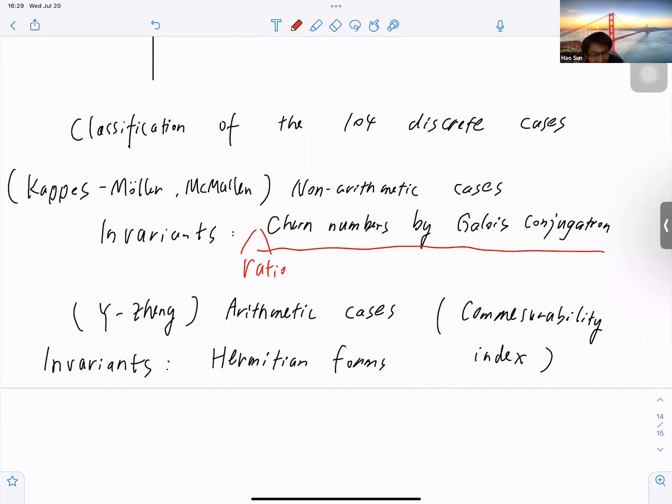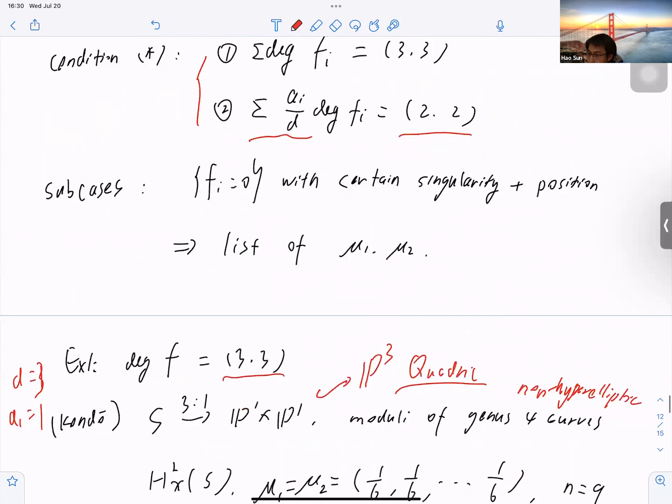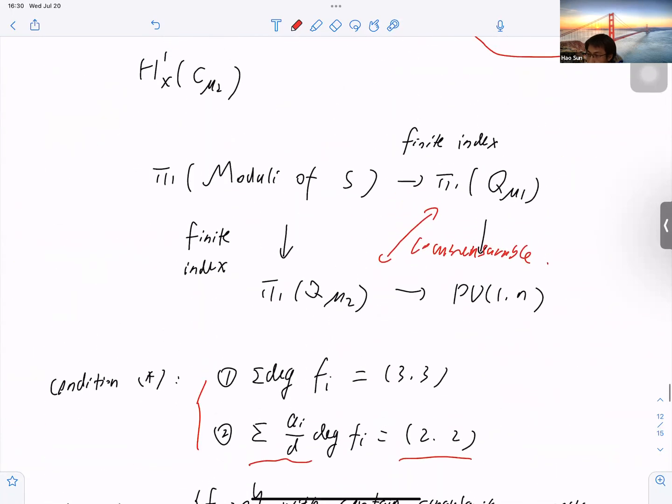Okay. Yeah, probably let me ask a question. So it seems that you are trying to relate something like the Hermitian form also to the representation of the fundamental group. Am I understanding correctly? Yeah. I think when you state the main result, you are writing down the fundamental group of Q mu mapping to PU1n, it seems to be related to the Hermitian metric, right?